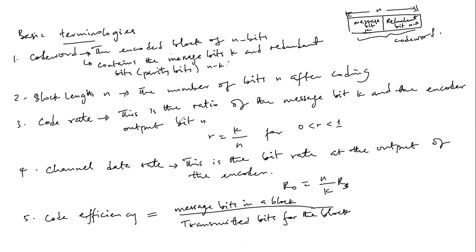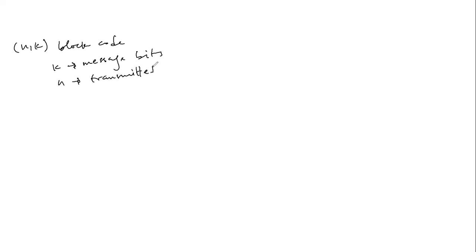Now, for an (n, k) block code, there are k message bits and then n transmitted bits, which is the code word, so that the code efficiency is the same as k over n. You see, this is the same as the code rate.